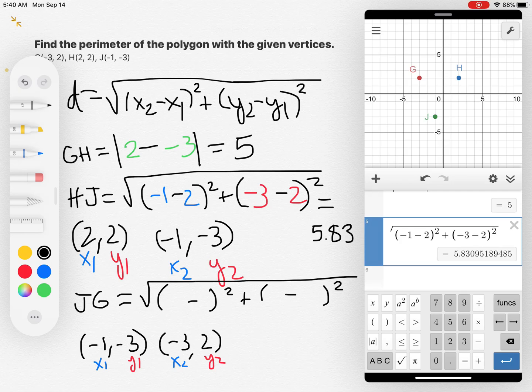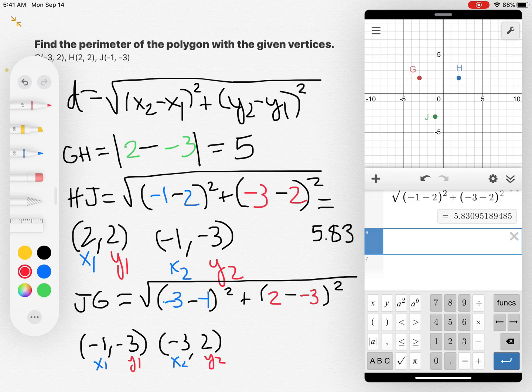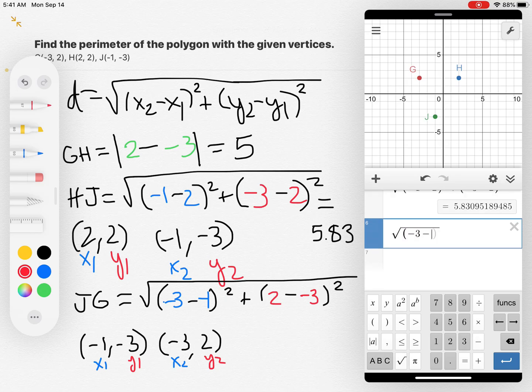Sometimes when I do my distance formula, I like to write things out first and then just fill in numbers. So starting with my x's, negative 3 minus negative 1. And then my y's, 2 minus negative 3. I'm going to put all of that in Desmos. So big square root. Negative 3 minus negative 1.